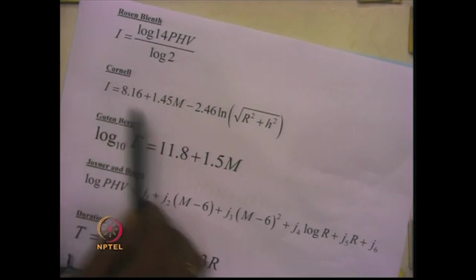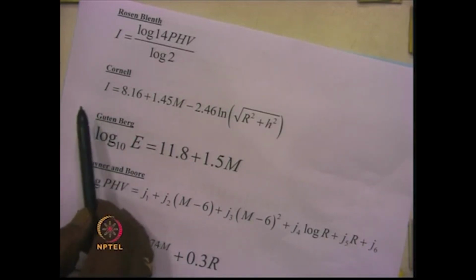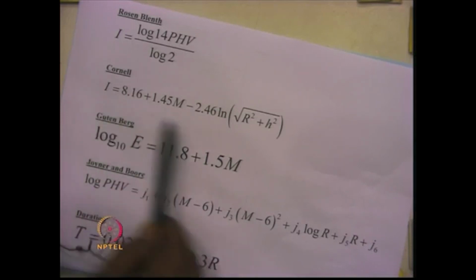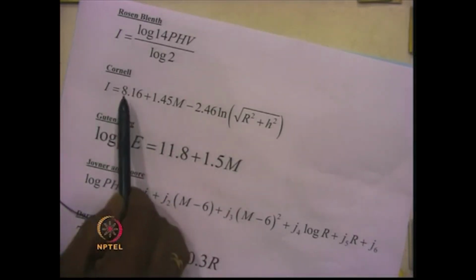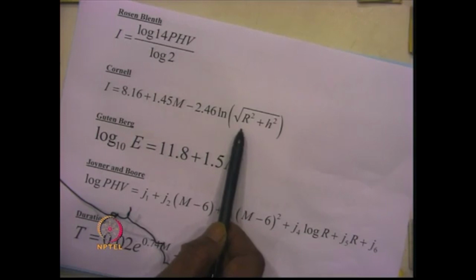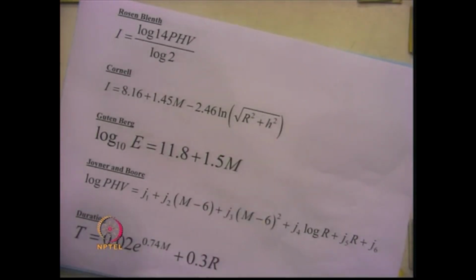But from the recorded data of the earthquake and the kinds of damages and destructions that were observed, people have tried to equate I with m using this particular equation, and this Cornell's equation is widely used in relating I with m, where r is the epicentral distance and h is the focal depth.